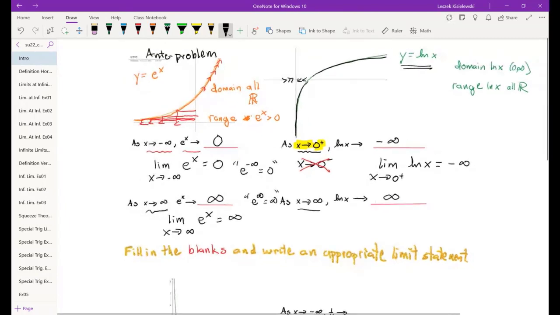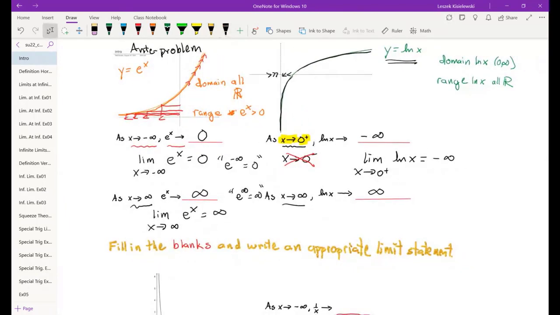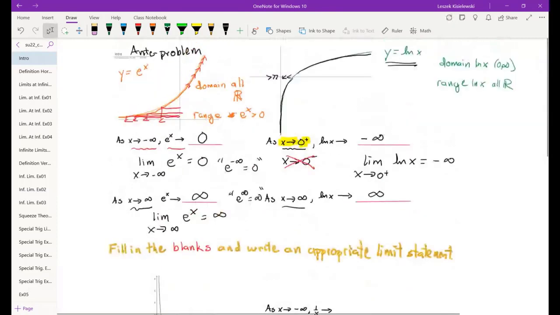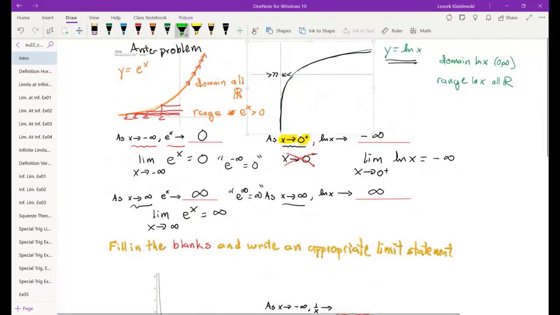in terms of limits. Okay, and we did this so that this introduces the two types of things we're going to be talking about today. One are limits at infinity, right? Limits at infinity describe the long-term behavior of the function as x goes to negative infinity or positive infinity, right?